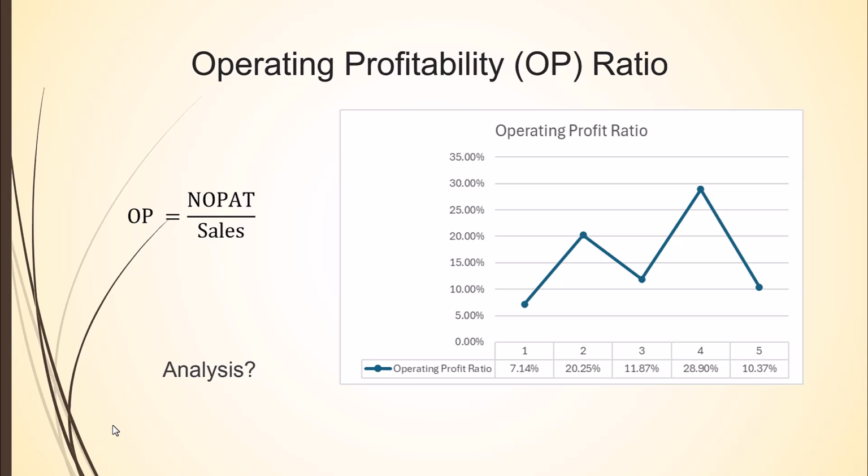This number for Molson Coors has moved around. Of course, in this time frame, we did have COVID to deal with. But we might also look at this if we ignore the COVID aspect and say, well, we see that there is some growth, right? 7.14, now it's 10.37. So there is growth over 5 years. However, there's a lot of variability.